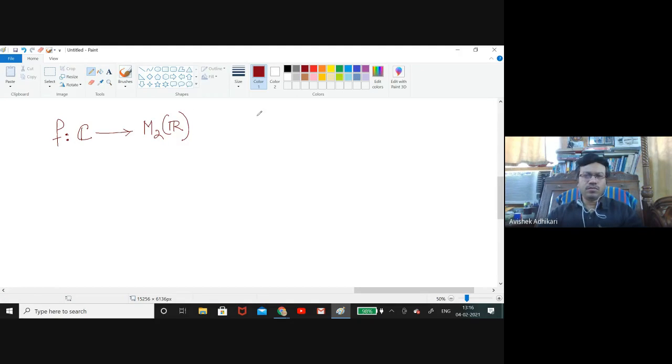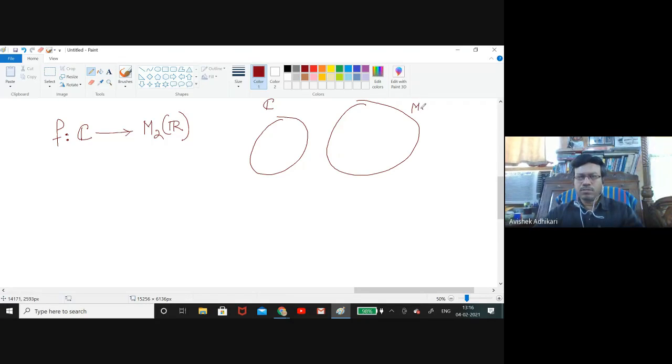Can you find a homomorphism from C to M2(R), such that C will lie inside M2(R)? Can you define it in such a way that the structure of the complex numbers is within M2(R)?